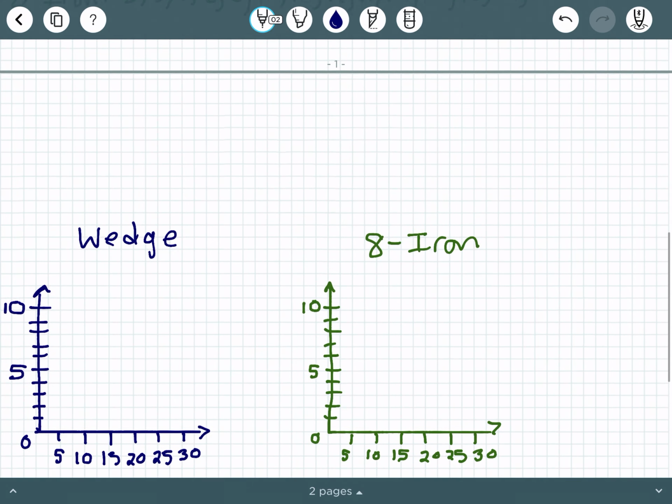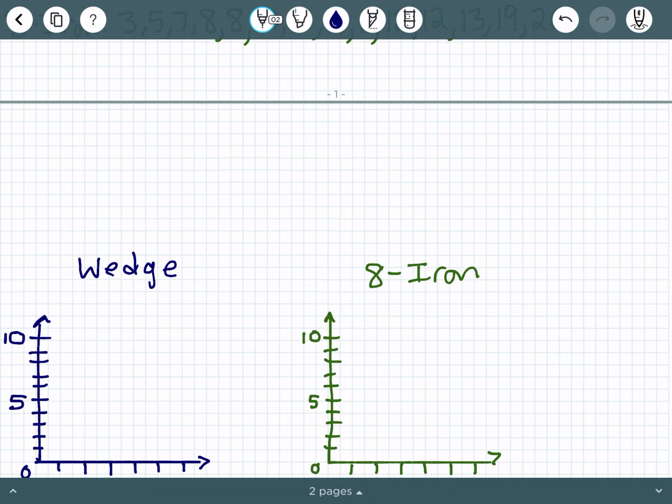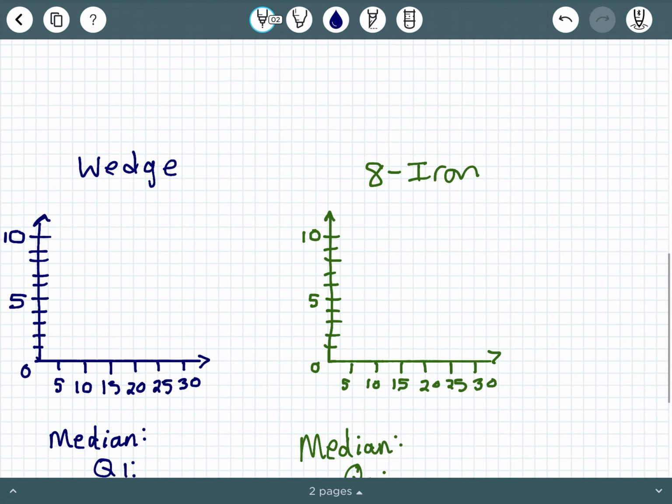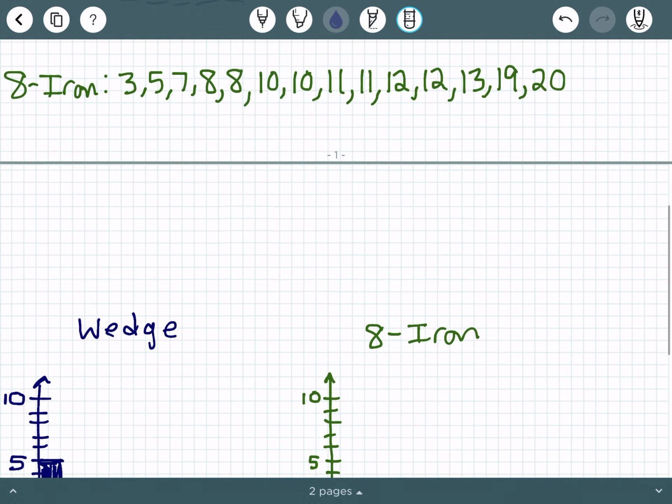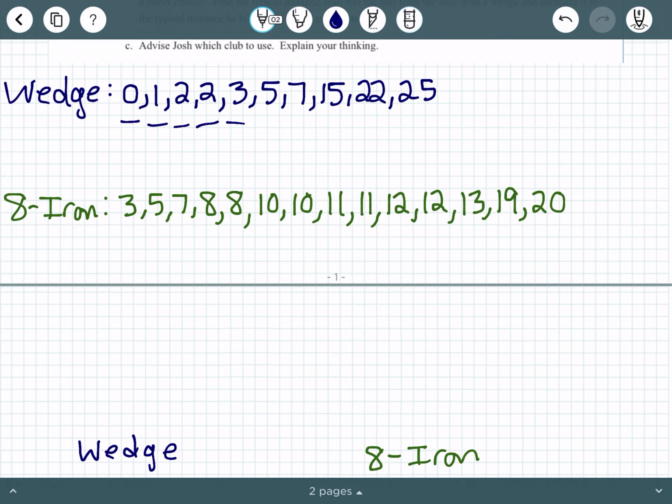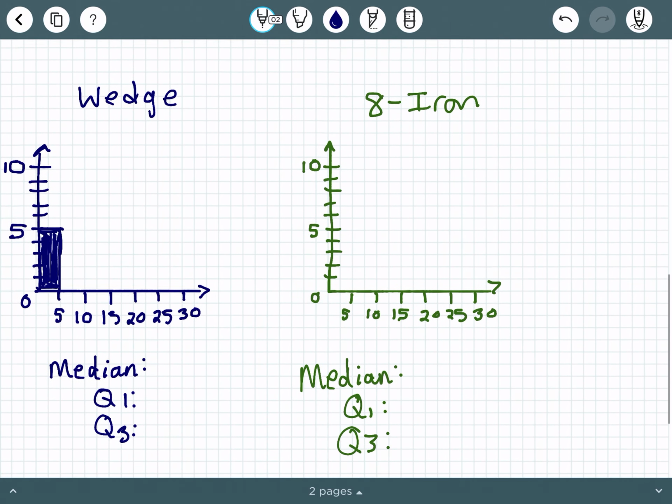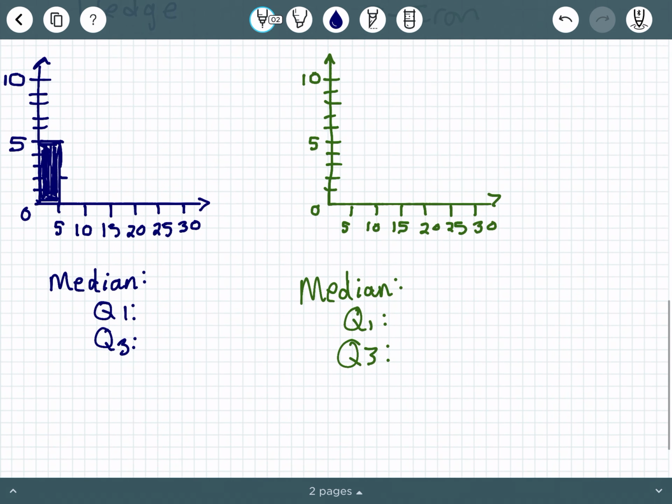So I'm going to draw my first bar all the way up to 5, and then I can shade that in. My next range of scores goes from 5 to 9, and it looks like I have 2 there. So I'm going to make my next bar go up to 2, and I can shade it in.